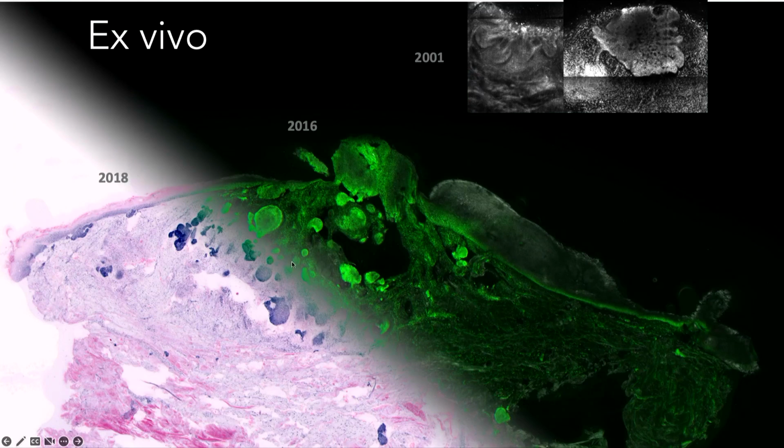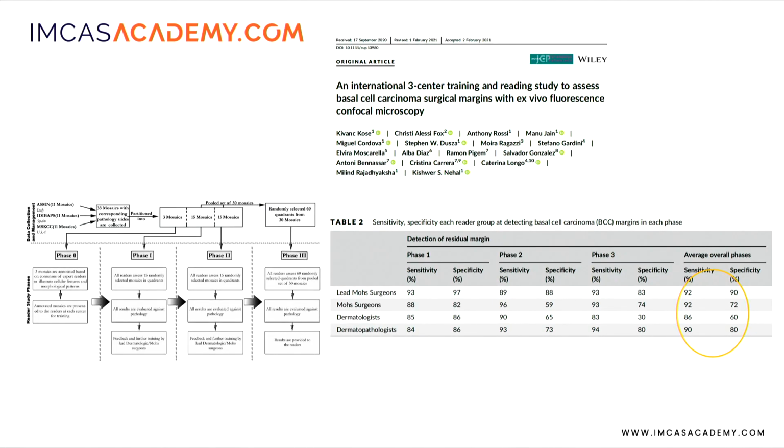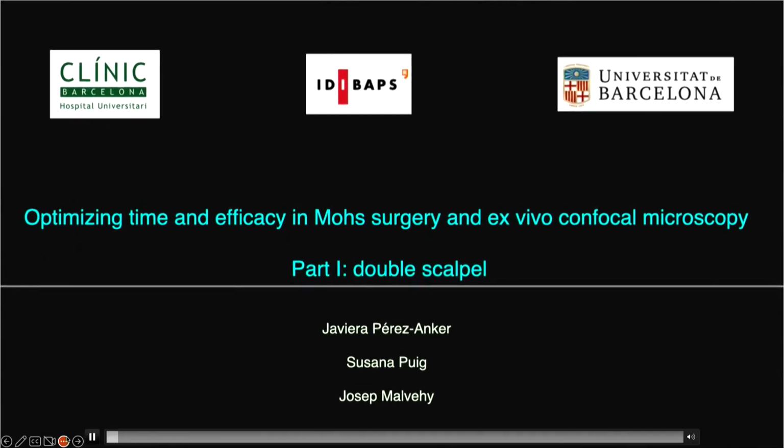In 2018, we helped them to develop and put these colors in real life. So this is what we have now. We see the tumor when we excise the tumor exactly like this with regular H&E. So this was the revolution. We know that it helps to see tumor in Mohs surgery for basal cell carcinoma and even squamous cell carcinoma.